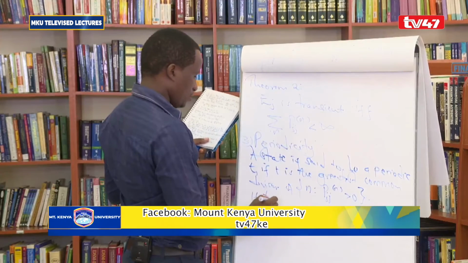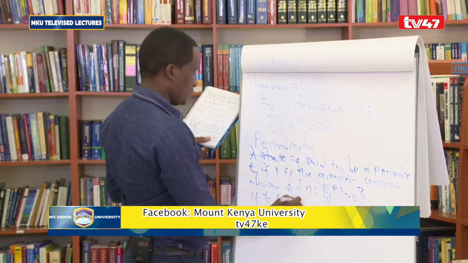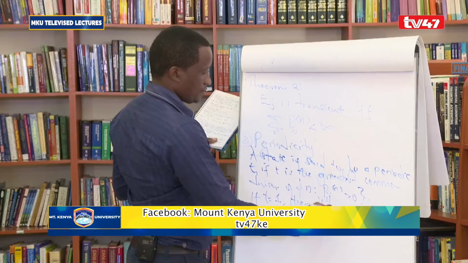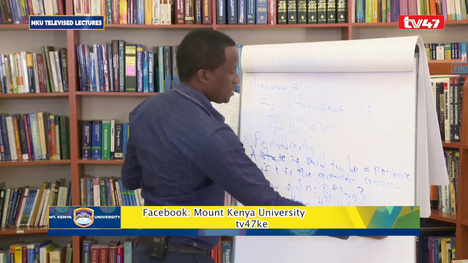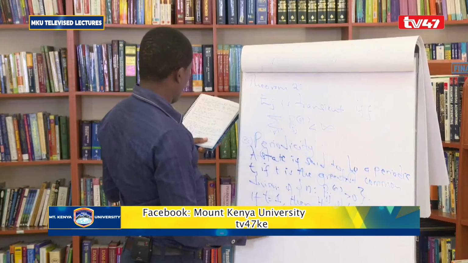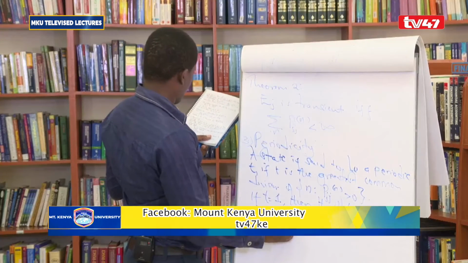If T is equal to 1, then the state is said to be aperiodic.